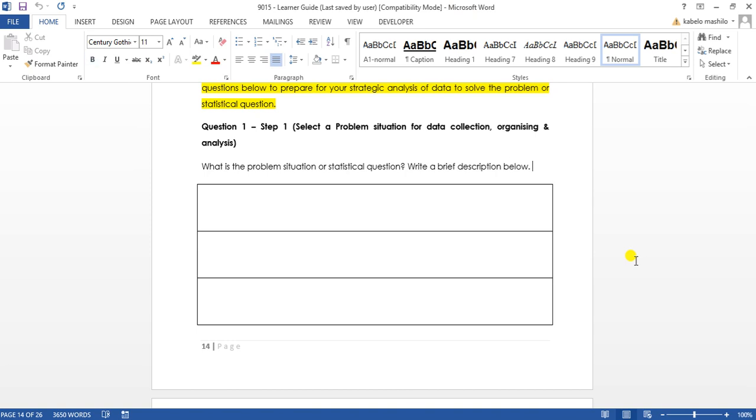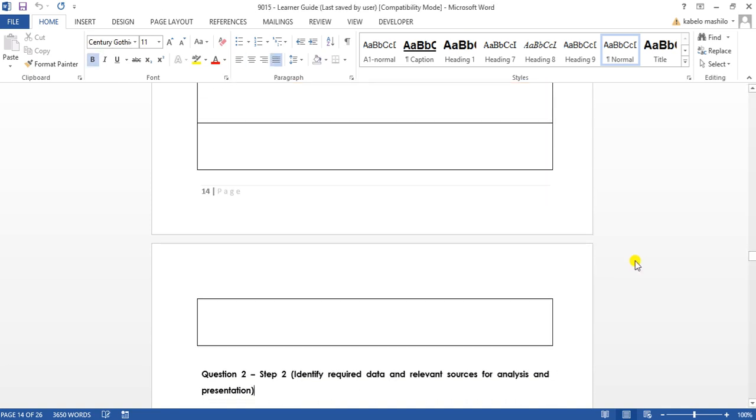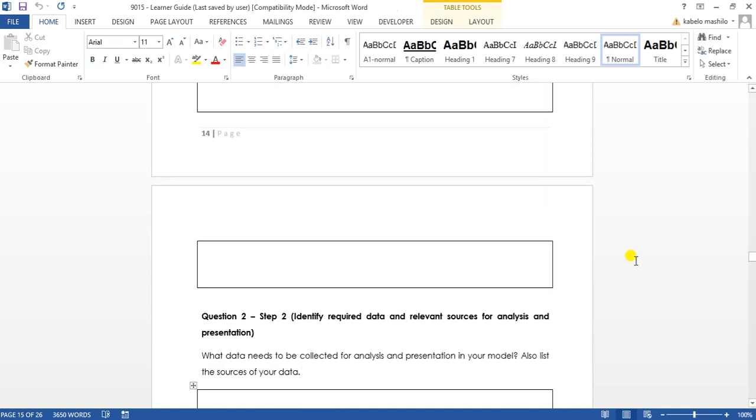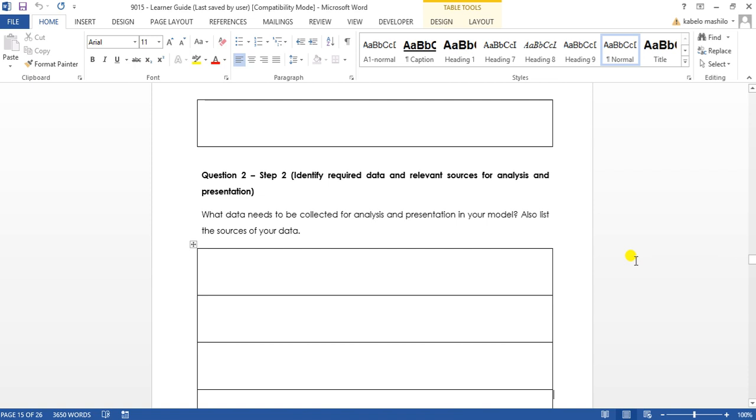In your groups, you'll find the findings, gather information, and then according to what you have chosen, based on what is required, you'll write the information on these bars. Question 2, identify required data and relevant sources for analysis and presentation. What data needs to be collected for analysis and presentation in your model?